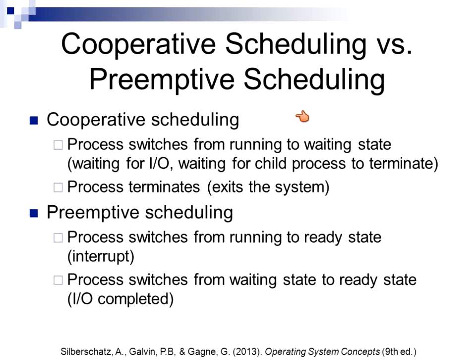Cooperative scheduling was used in older operating systems because there was no support for interrupts in the hardware. So there wasn't this kind of preemptive hardware interrupt that would force the process to stop running.